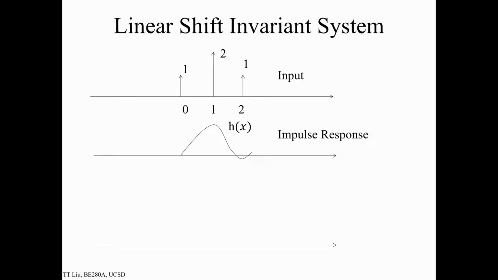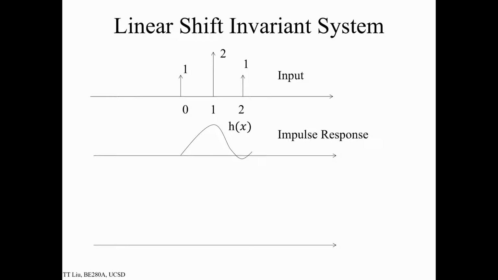So now we're going to combine the two concepts of linearity and shift invariance together and form what's called a linear shift invariant system. This is going to allow us to write a very nice expression for the response of any linear shift invariant system to any arbitrary input.